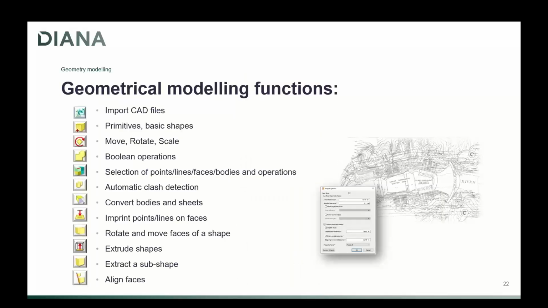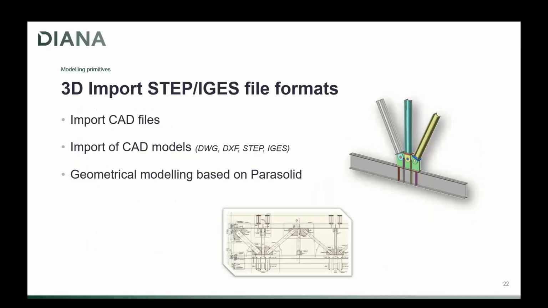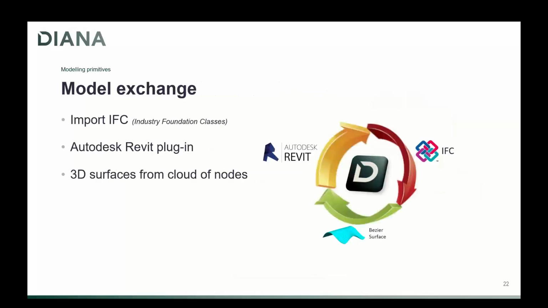We have many options to create the geometry of your model, whether you start from a white page in Diana or you want to import a CAD model. So if you import your geometry from third-party CAD program, we have a couple of supported formats. Among them, Diana can handle DWG, DXF, STEP, and IGS file.